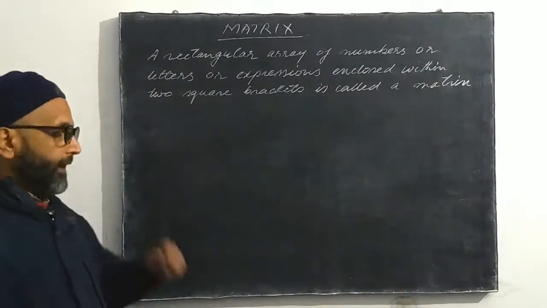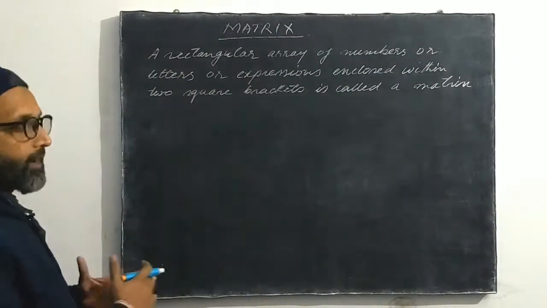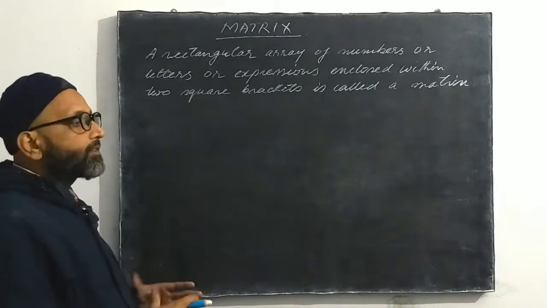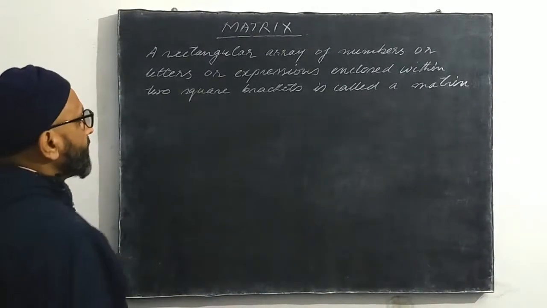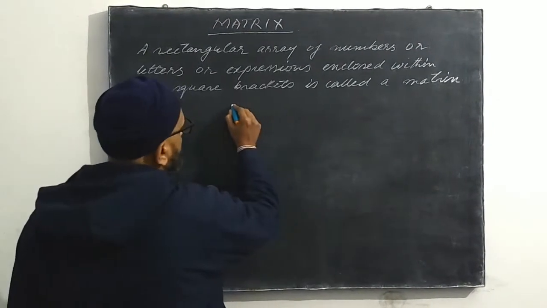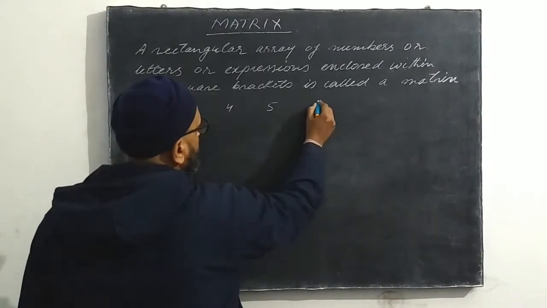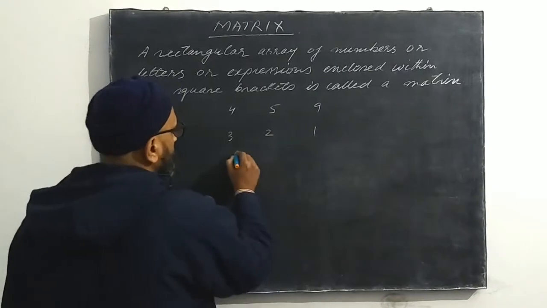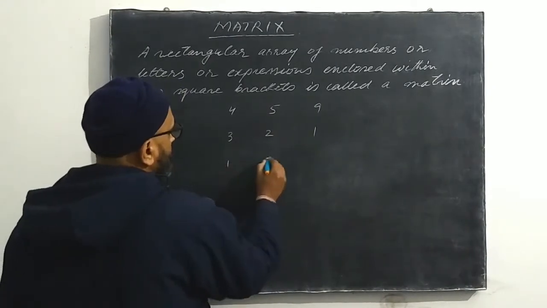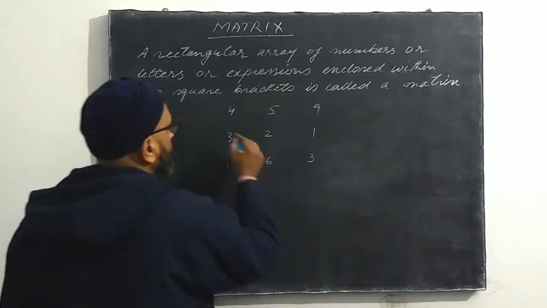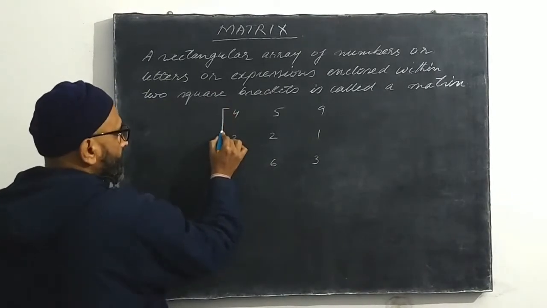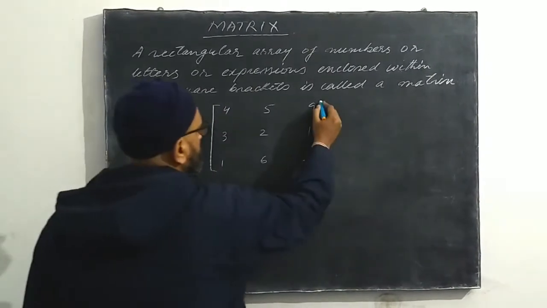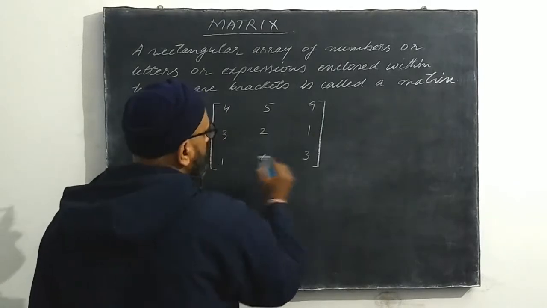A rectangular array, that means array or a series in the rectangular form like 4, 5, 9, 3, 2, 1, 1, 6, 3, enclosed within two square brackets.